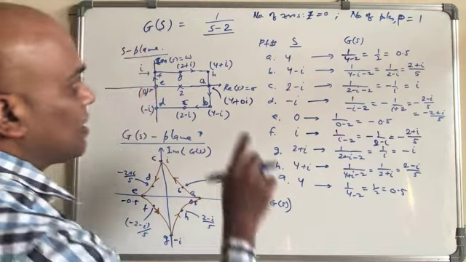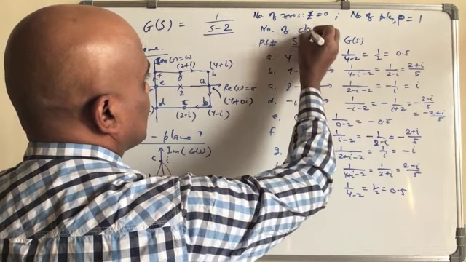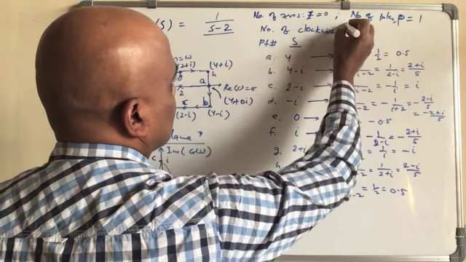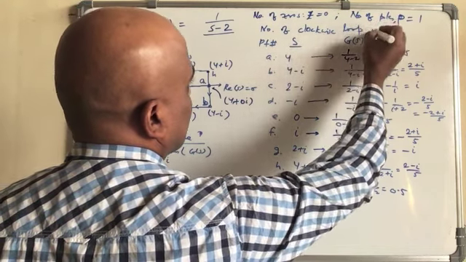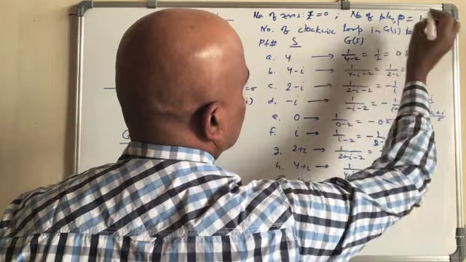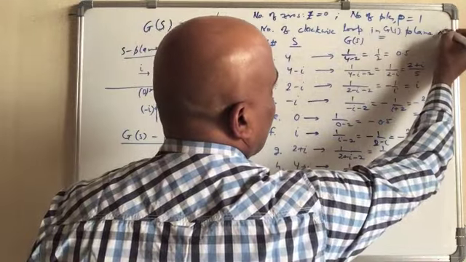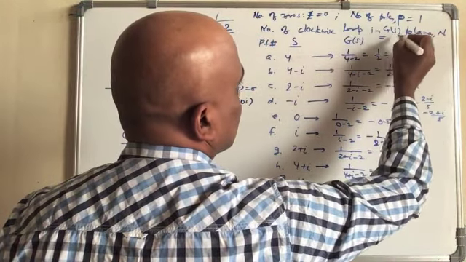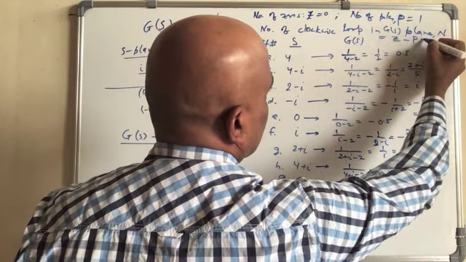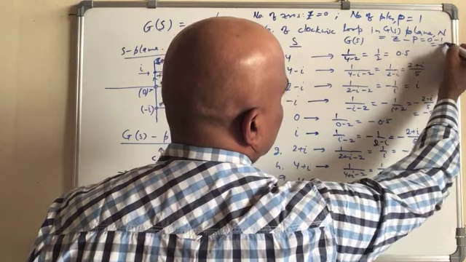So the number of clockwise loops in the GS plane is called N, and it is given by Z minus P. In this case Z is 0 and P is 1, so you get minus 1.